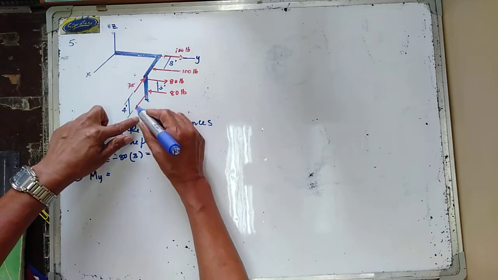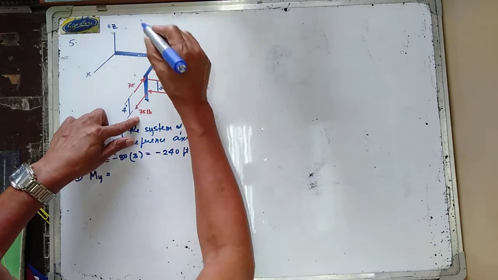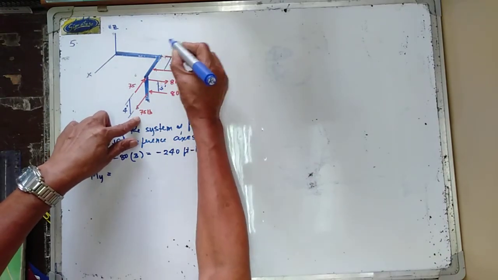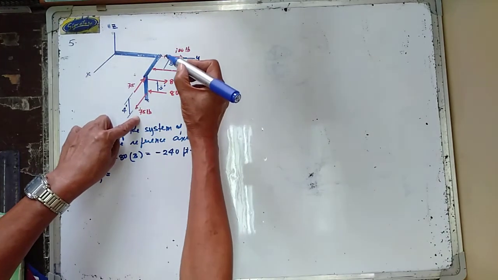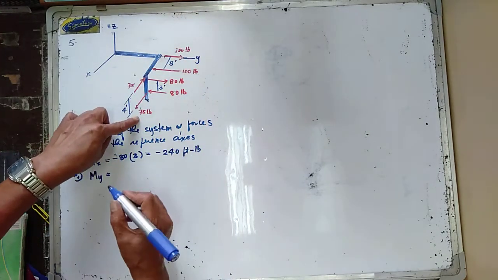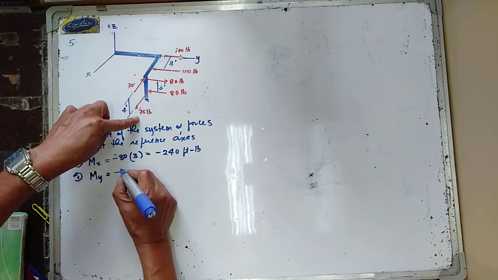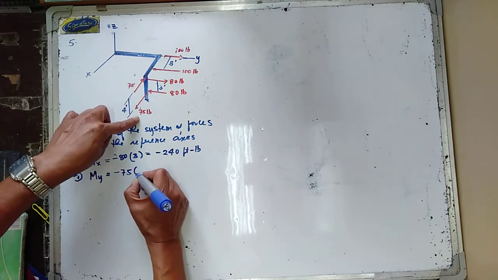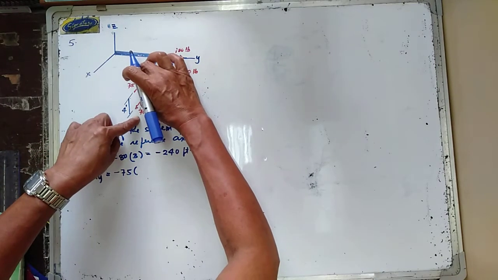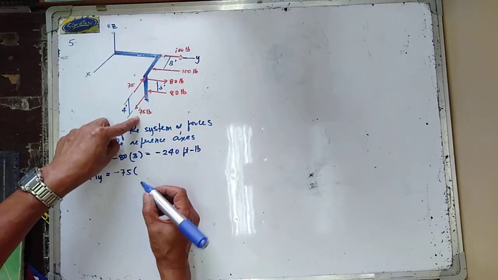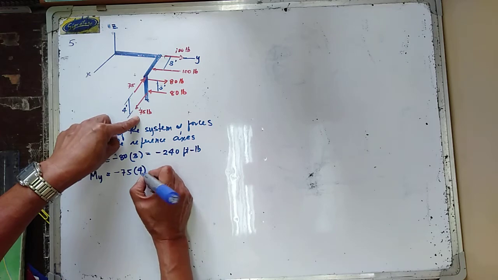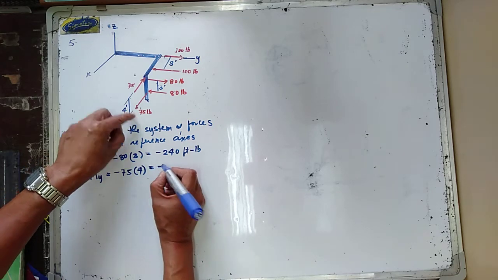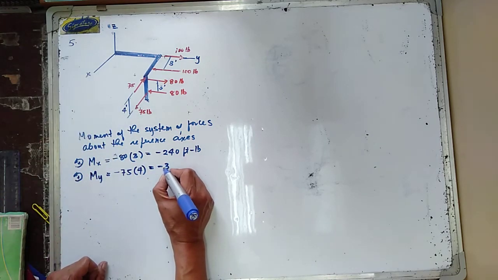So it is the other 75 pounds that has moment about the y-axis, and this is going clockwise, therefore negative 75. Multiply this by the moment arm, which is equal to 4, and this is equal to negative 300 foot-pounds.